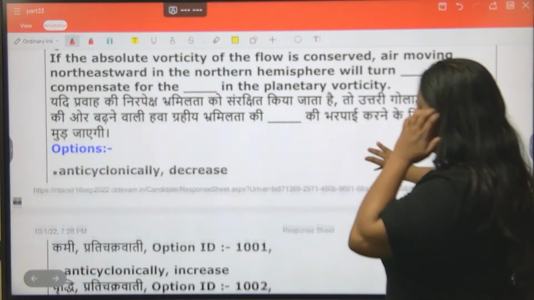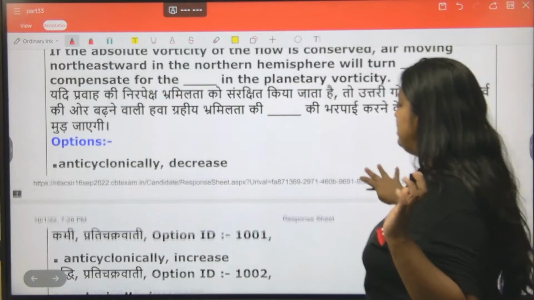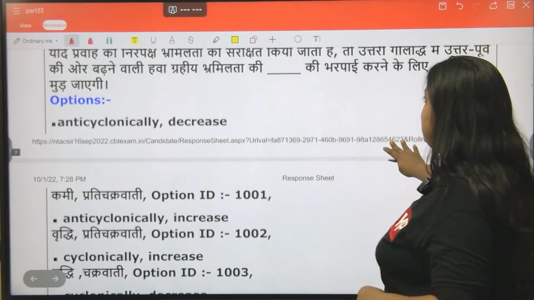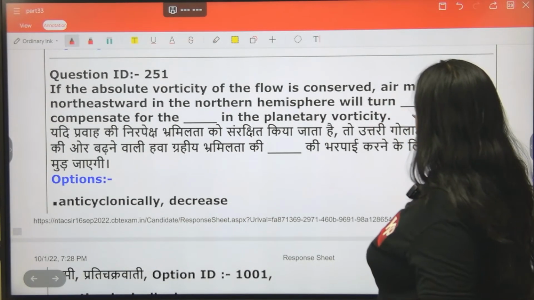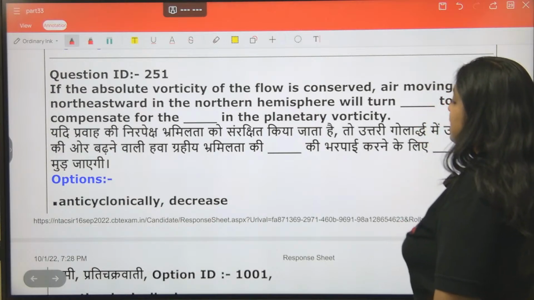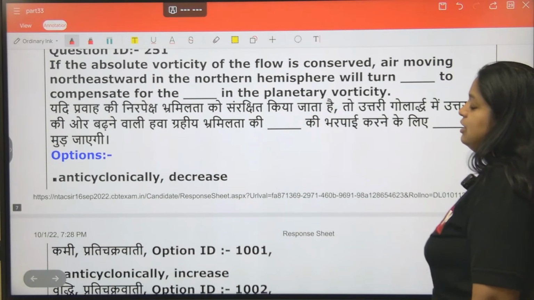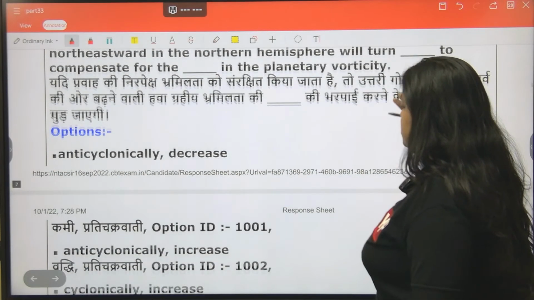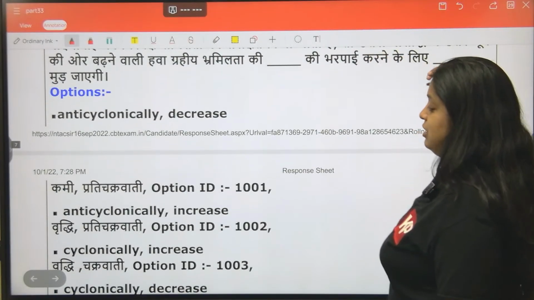So over here, the answer is anticyclonally. It will turn anticyclonally to compensate for the increase in the planetary vorticity. So option B is the right answer.